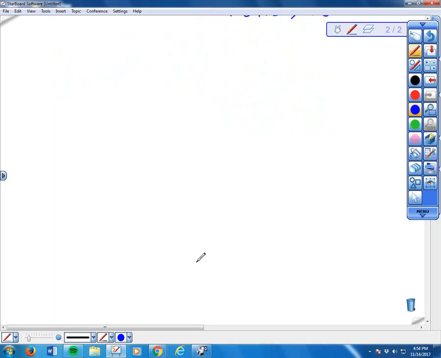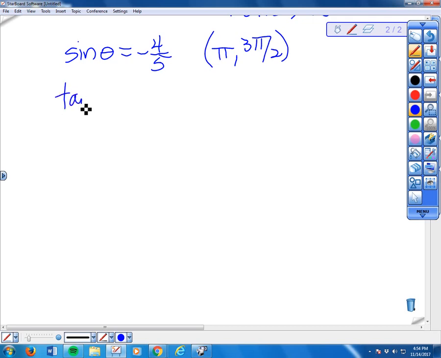If sine theta, this is number 11, is negative 4/5 on the interval pi to 3 pi over 2, which is the third quadrant, find the exact value of tangent 2 theta. So first thing, I'm just going to draw my triangle.